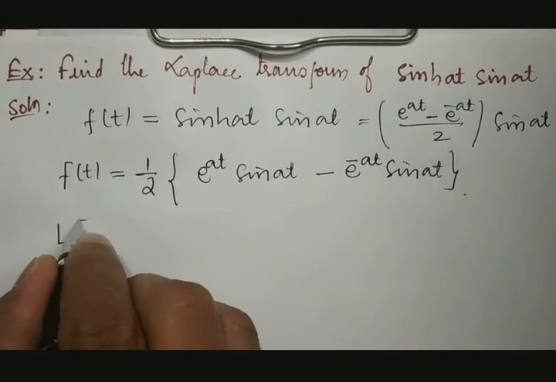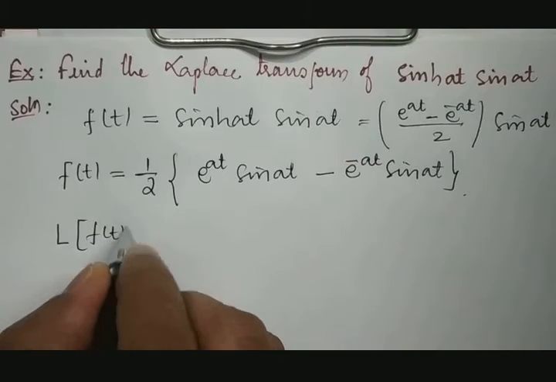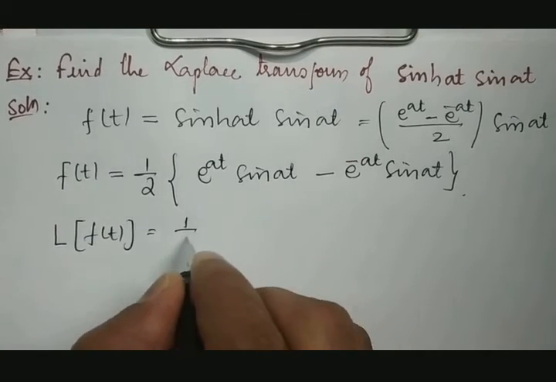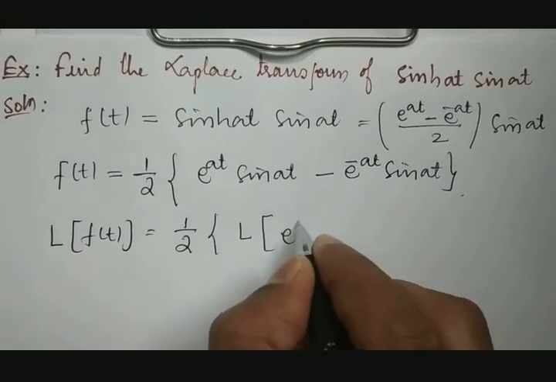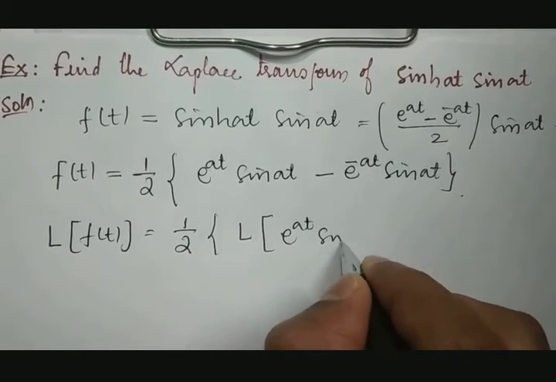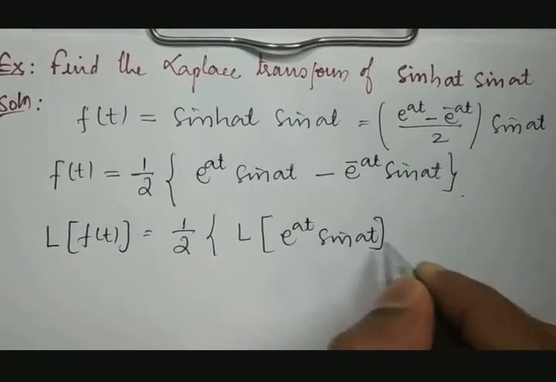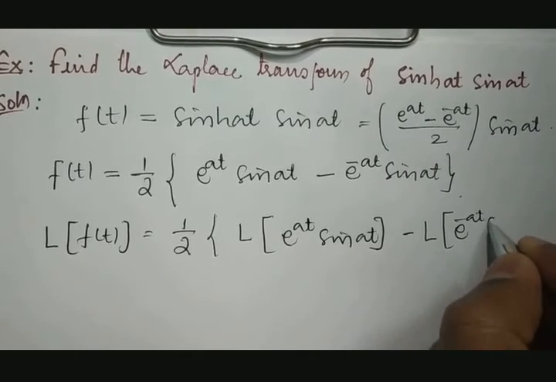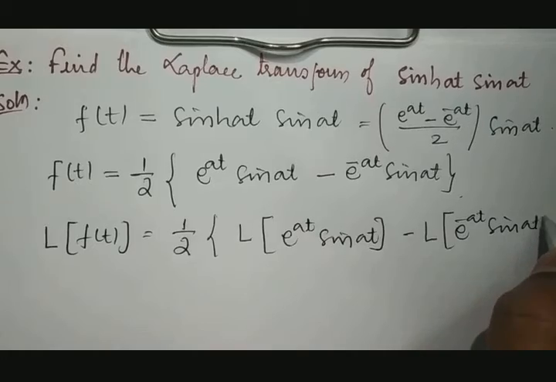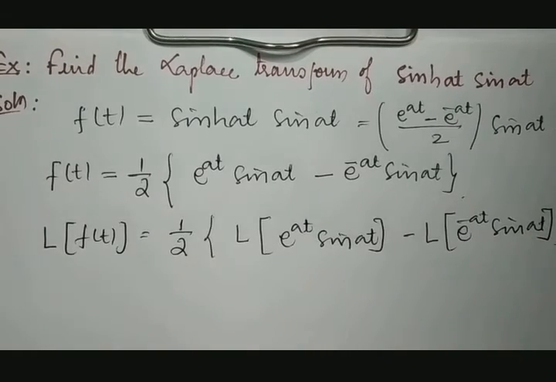Then it becomes Laplace transform of f of t is equal to 1 divided by 2 into Laplace transformation of e raised to at into sine at, minus Laplace transform of e raised to minus at into sine at.